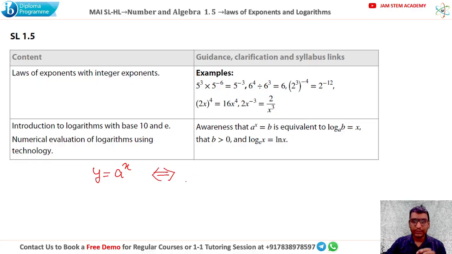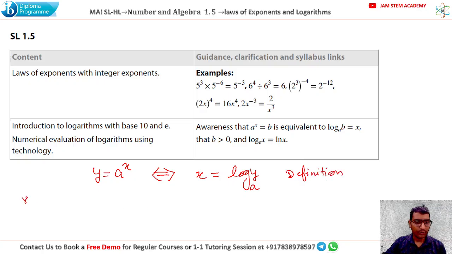Let's find the value of x, for example. The value of x from here can be written as log of y to the base a. Both are the same, so always remember this definition, please.